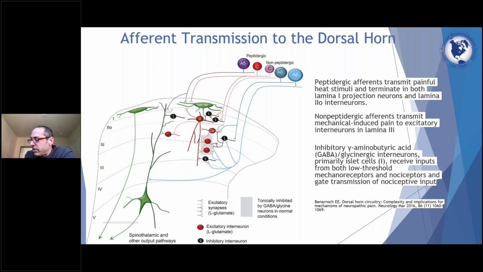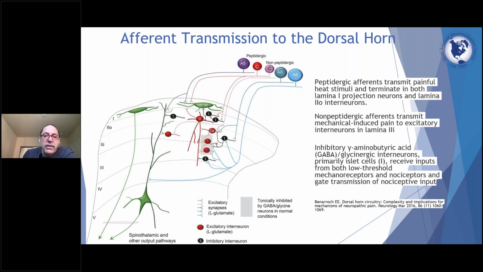The inputs from the non-peptidergic afferents convey their inputs to the lamina 1 projection neurons via a polysynaptic excitatory pathway that include what are called central and vertical neurons. So you can see in red there's a vertical neuron which has these extensive dendritic processes, and there's a central neuron there, both of which are excitatory.